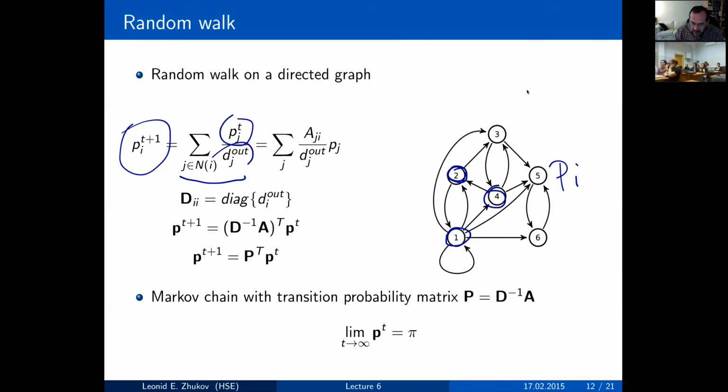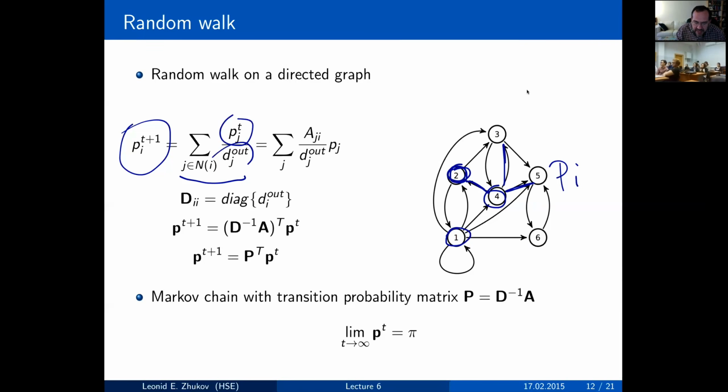But if I'm on 4, I actually have 3 ways to go. I can go to node 3, I can go to node 5, or I can go to node 2. So the probability that it will end up on node 2 starting from node 4 is the probability of being on node 4 divided by 3, which is the degree of the node.